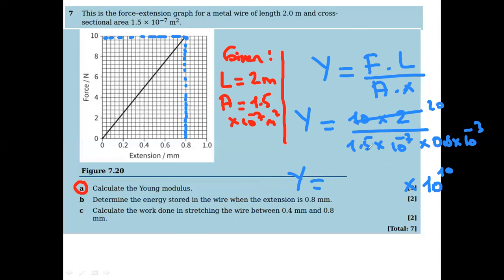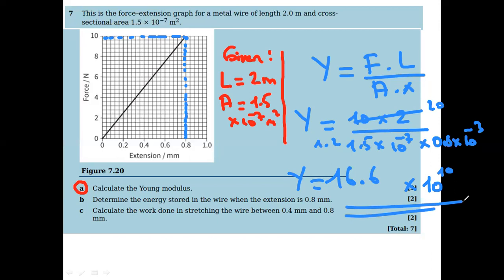Let's multiply: 1.5 times 0.8 equals 1.2. So 20 divided by 1.2 equals 16.6. So 16.6 times 10 to the power of 10. So we have calculated the Young modulus.